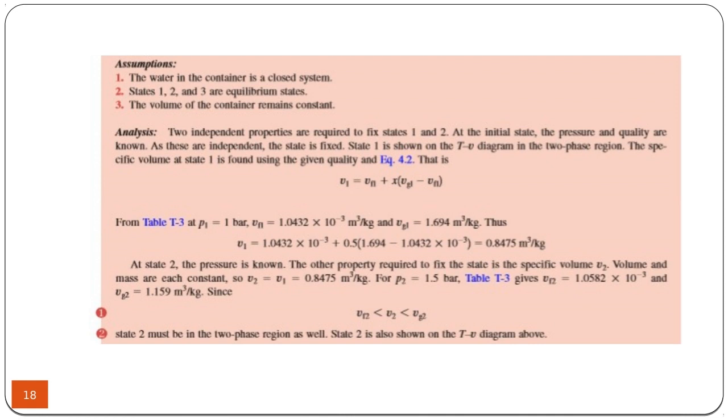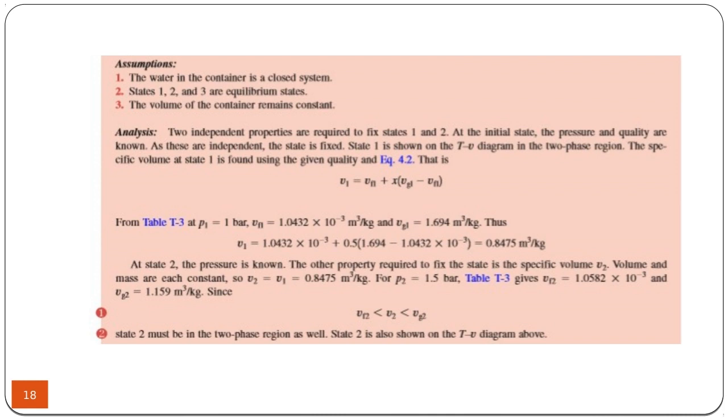So you can see that the value for the specific volume in the mixture is 0.84, which is between the specific volume of gas and the specific volume of liquid.